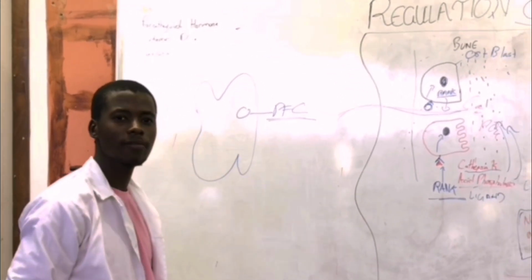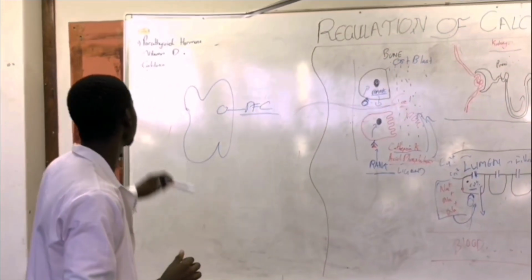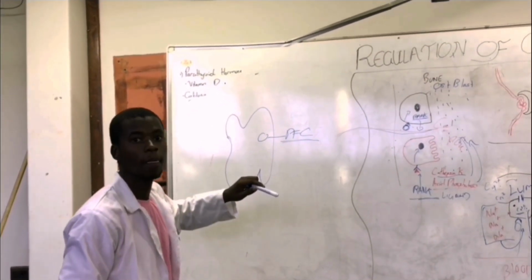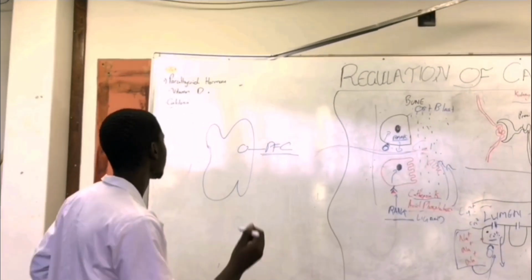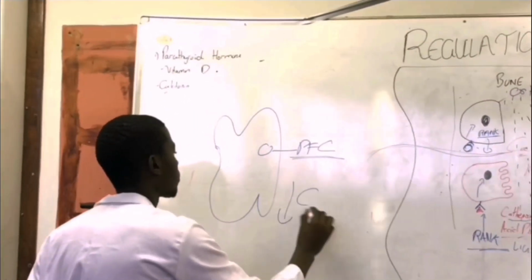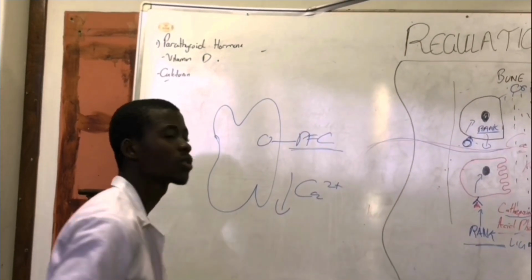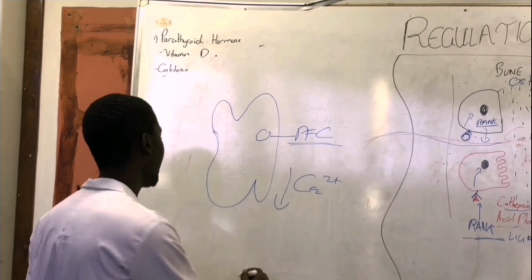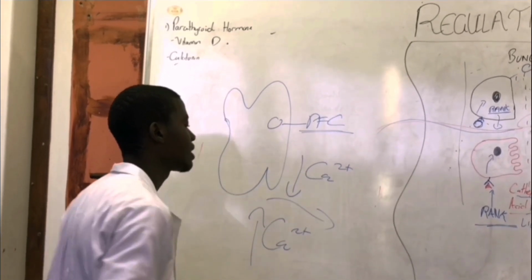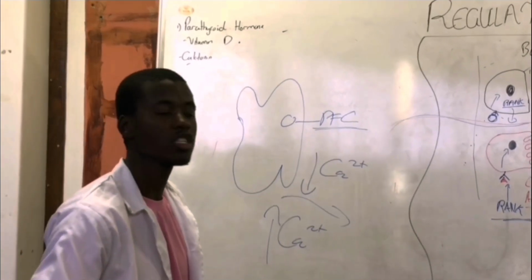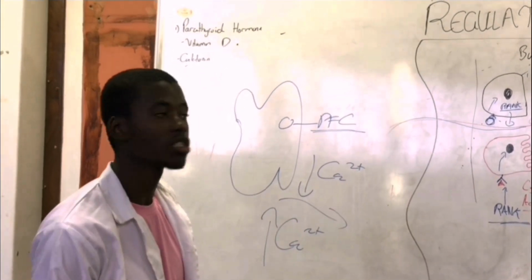These parafollicular cells are the ones which secrete calcitonin. Now calcitonin's job is basically to reduce the levels of calcium. So it is stimulated by what? By high levels of calcium. So calcitonin gets into the blood and it inhibits the processes which increase our calcium concentration, right?